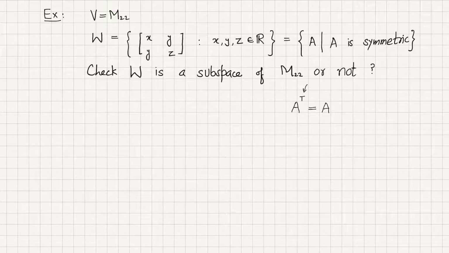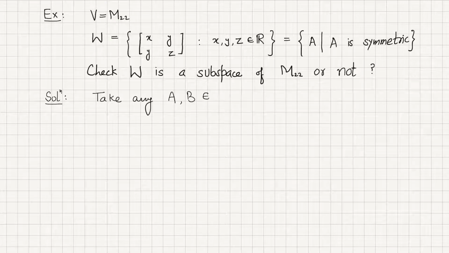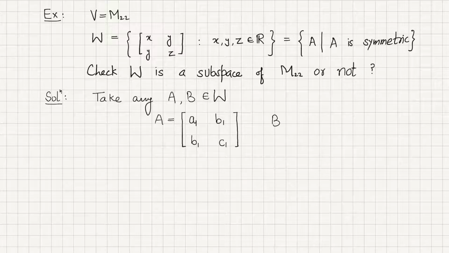Now we have to show whether this set W, the collection of all symmetric matrices in M22, is a subspace or not. Take any two matrices A and B in W. Because W is the collection of all symmetric matrices, you can check that A and B are symmetric matrices.